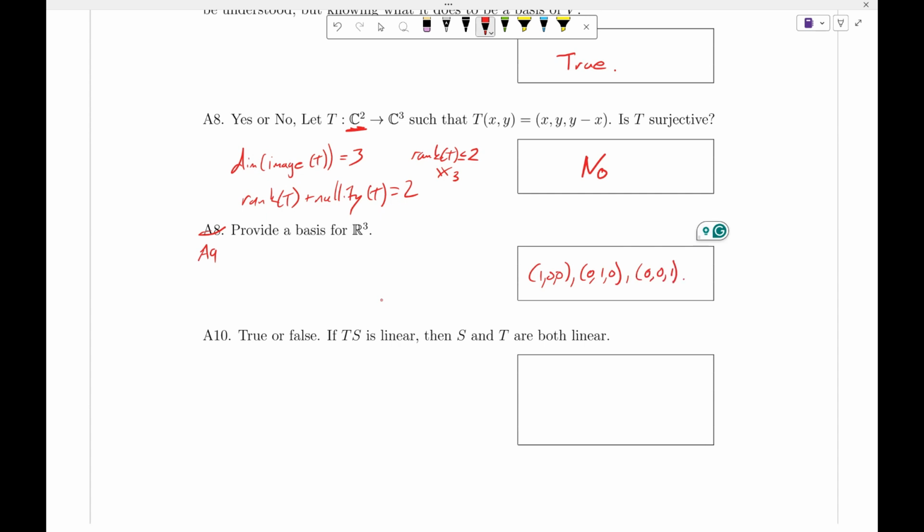And here, if TS is linear, then both S and T are linear, and this is false.